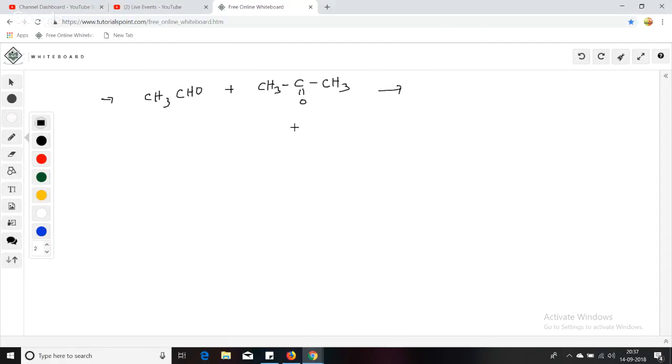So when you have one aldehyde and one ketone, or if you have aldehyde plus aldehyde, or you have ketone plus ketone, in this both are different.